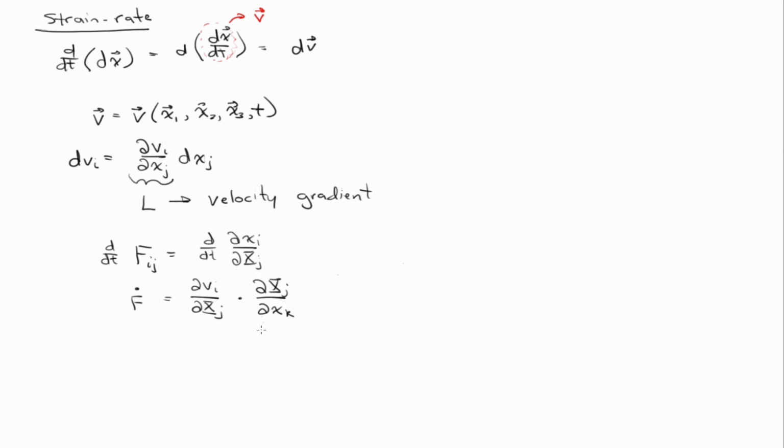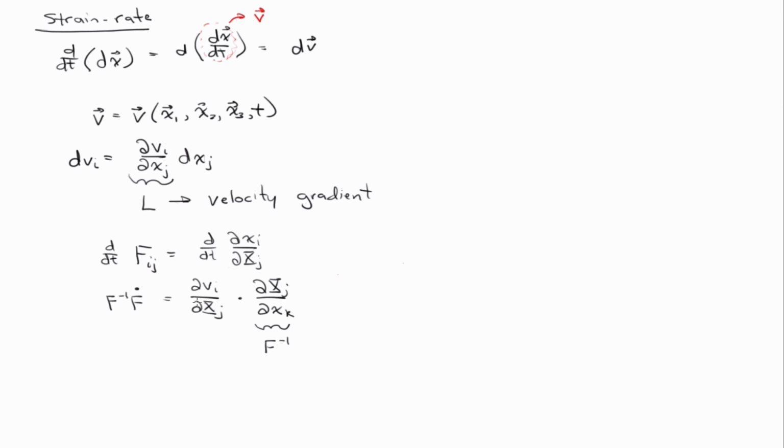Right. Well, what is this? It's like F inverse, right? Flip it over and it's the deformation gradient, right? So it's like F inverse. So we're going to multiply both sides. So over here, I'm just going to say F inverse, okay?